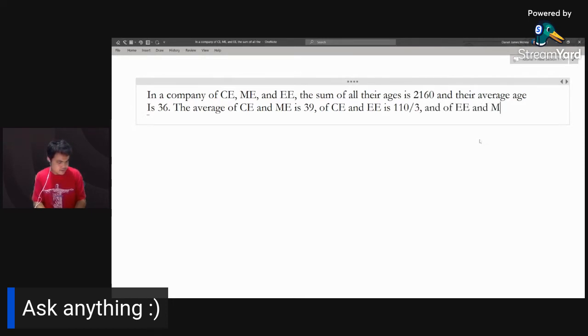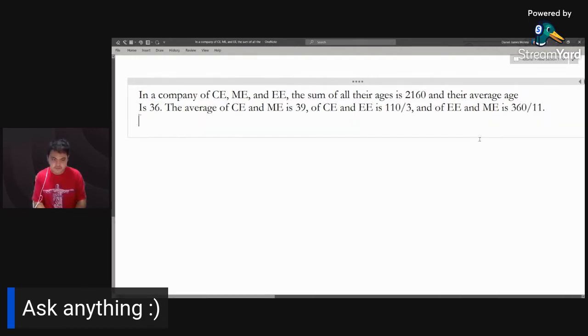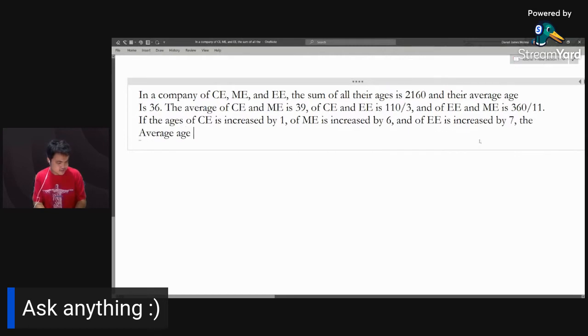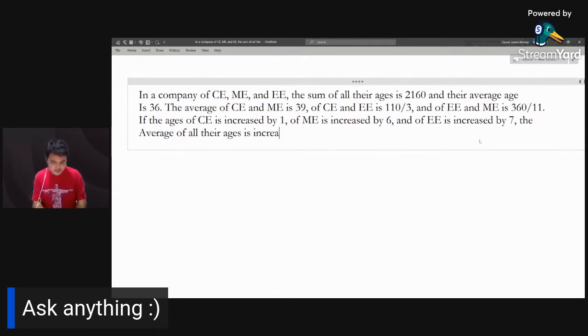And of EE and ME is 360 over 11. If the ages, ang dami namang given ito, of CE is increased by 1, of ME is increased by 6, and of EE is increased by 7, the average of all their ages is increased by 5.